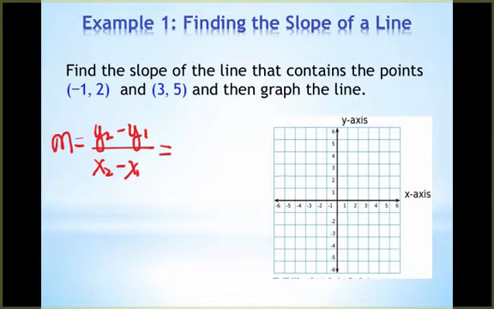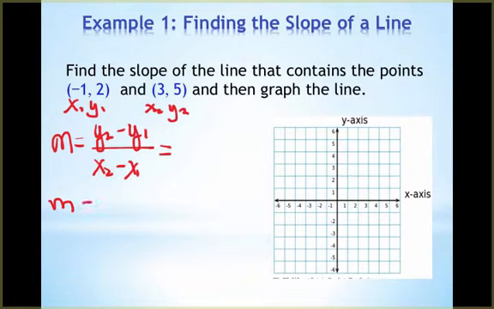Now, it doesn't matter which point that you delegate to be x1 and y1 and x2 and y2, but you just need to keep in the same order, in respective orders, as you are computing these. So we'll call this x1, y1, and x2, y2.